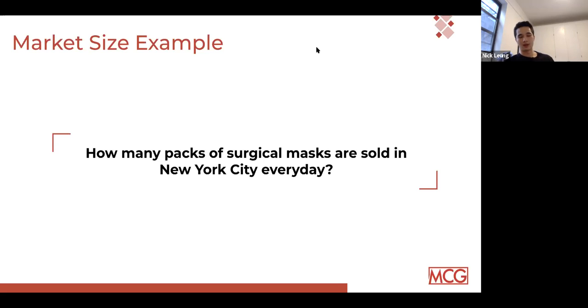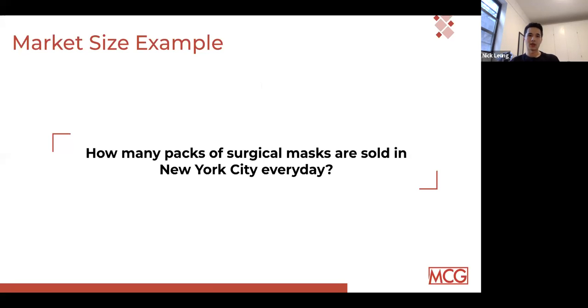You're really getting granular in your segmentation. And then also you're making qualitative assumptions to back up your reasoning. If I'm going to cut the population by 50%, I have to give justification. And someone gave really good justification: the masks are cheap and widely available, so that's why I'm assuming 50%.